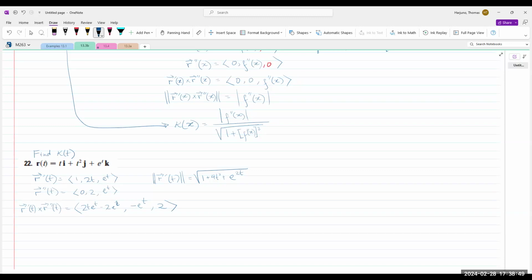Okay, so the magnitude of that will be, I know it's kind of messy. Imagine if we needed to find the unit tangent vector and then do the derivative. It's extremely painful, right? So I have the square root of (2t e to the t minus 2e to the t) squared plus e to the 2t plus 4.